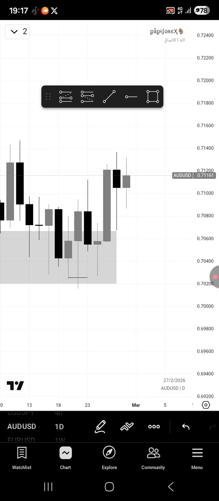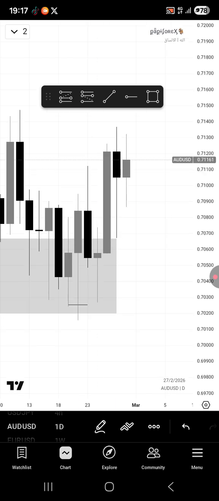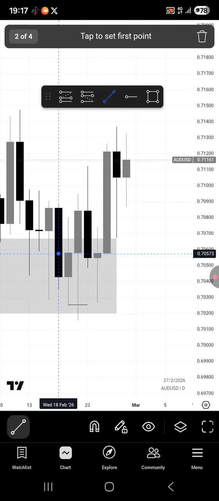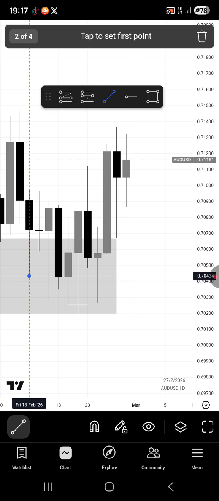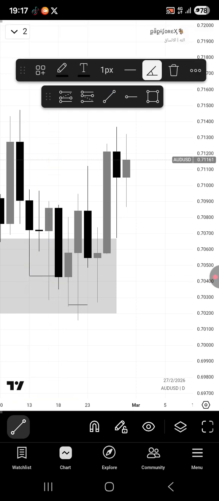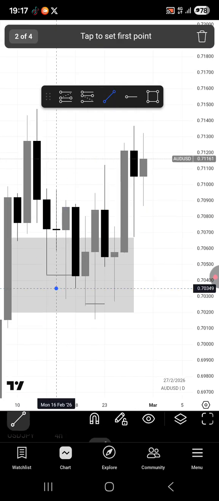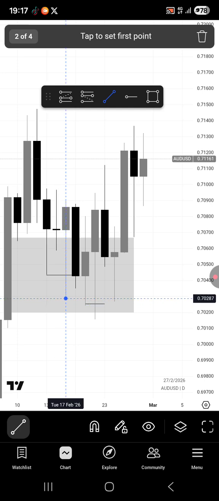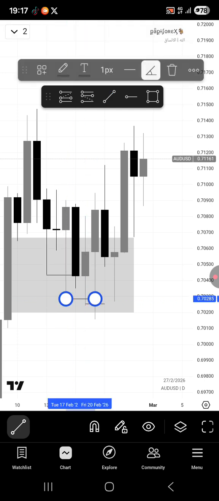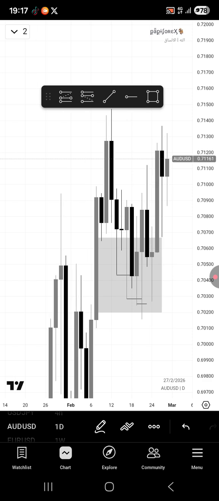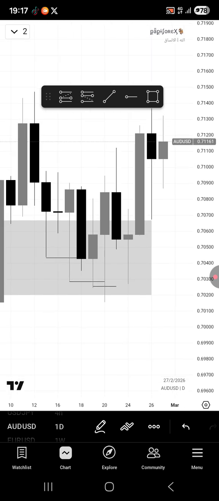So I can see a sweep of this low, yeah, you understand. But price has been sweeping lows, but it refuses to break out. It swept one low here, you understand. Then it came here, it swept another low. You understand? And again it came here, swept another low.